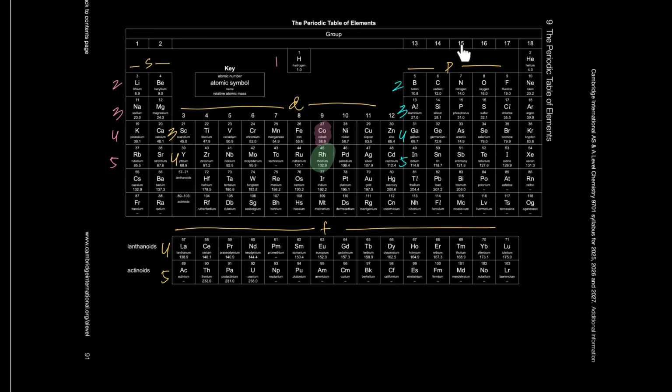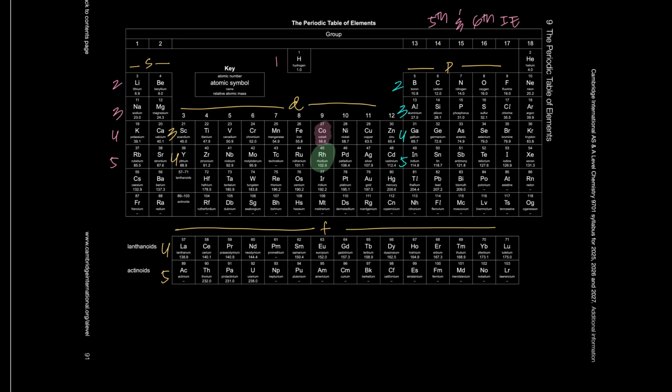Because after you remove 5 electrons, they all belong to the same principal quantum number, but the 6th electron would belong to a principal quantum number which is closer to the nucleus. So between the 5th and 6th ionization energy, you're going to see a big jump.